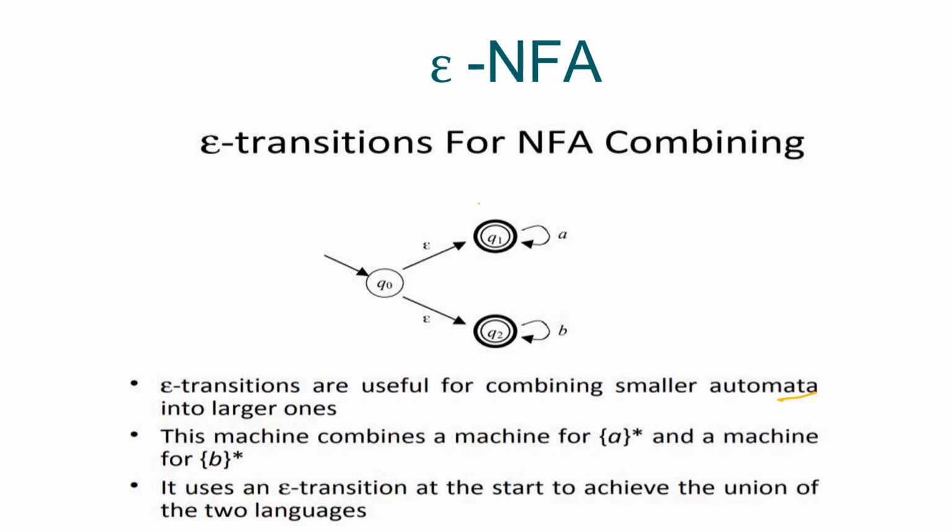See here, I have one automaton and this is another automaton. If you want to combine them, I can simply use an epsilon transition and make one state at the beginning, so that I can combine these two smaller automata. This is for A star and this is for B star. The machine combines a machine for A star, any number of A's, and a machine for B star. I can easily integrate these two using the union with the epsilon moves.